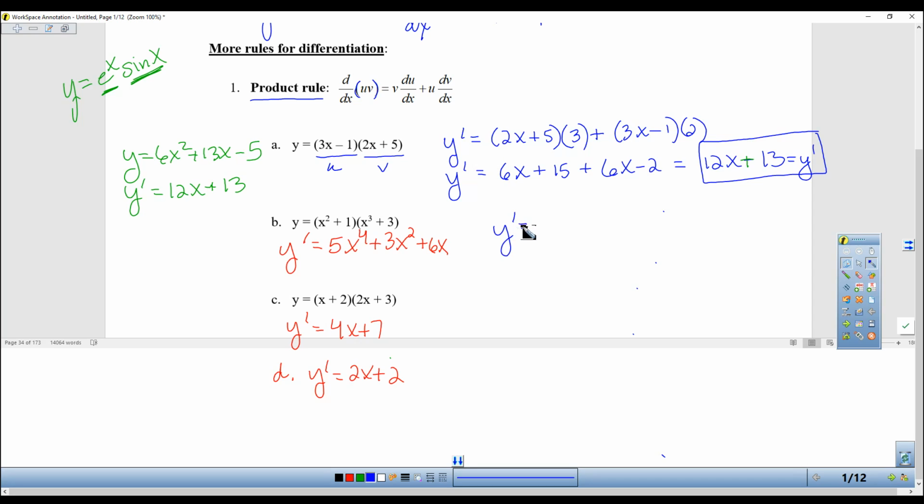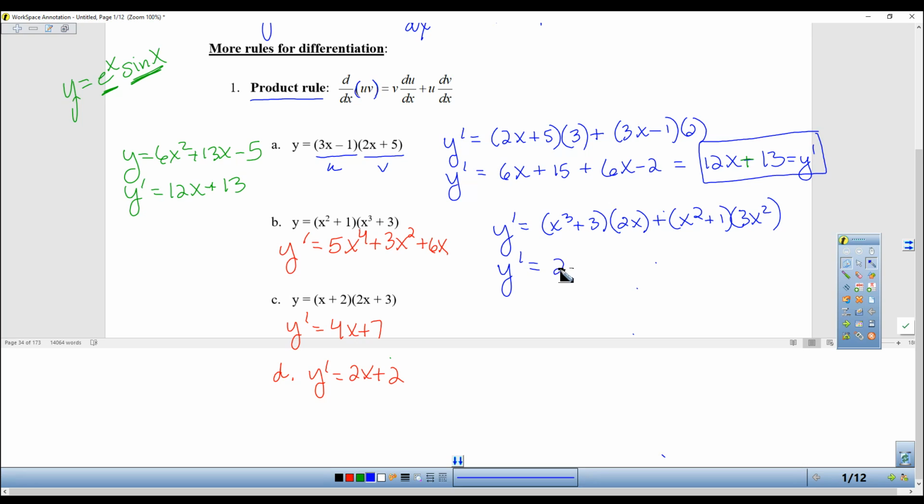So the way I like to think about it is instead of using u's and v's, I'm always going to call it the first and the second. So the second is always v. So it's the second times the derivative of the first plus the first times the derivative of the second. In my opinion, that's just easier than u and v.